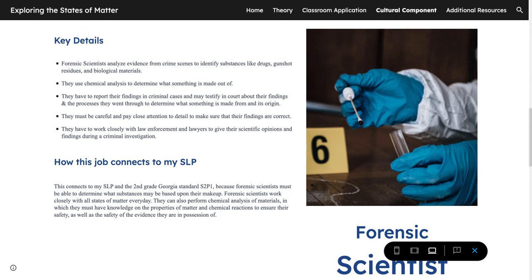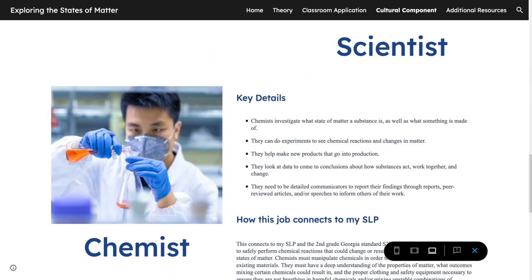And so forensic scientists work closely with all states of matter every day. They have to perform chemical analysis to figure out what evidence is made up of and know the makeup of each of the properties of matter to determine a substance. So I thought that was interesting to add.